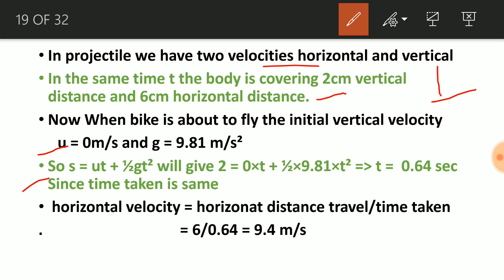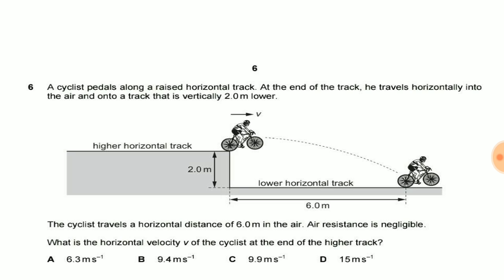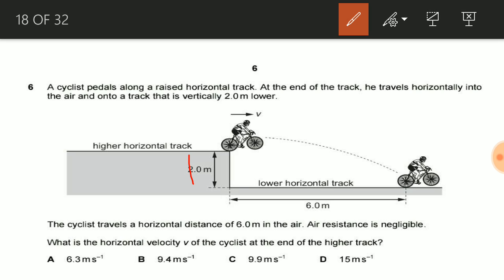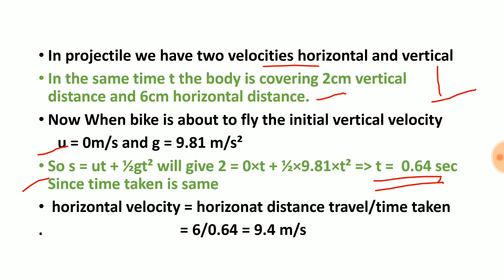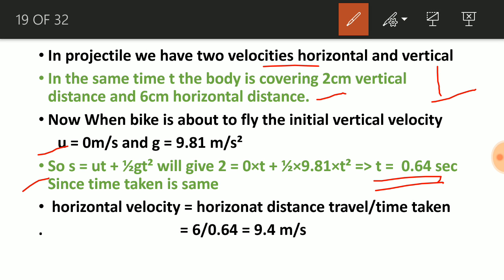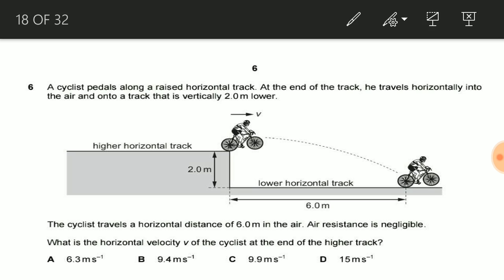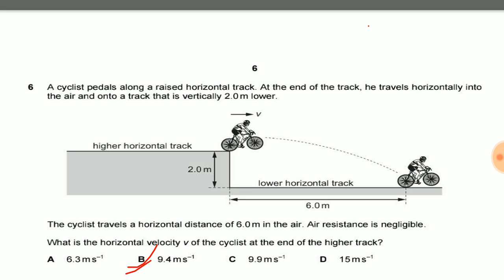Again we have used the same formula, s is equal to ut plus half at square, and we got our t for the body to travel this distance, but t will remain the same in this case also. Now we know our t, and we know our distance. So distance upon time will give us velocity. This is the velocity towards the x-axis. So 9.4 is our answer, option B is the correct answer for this question.